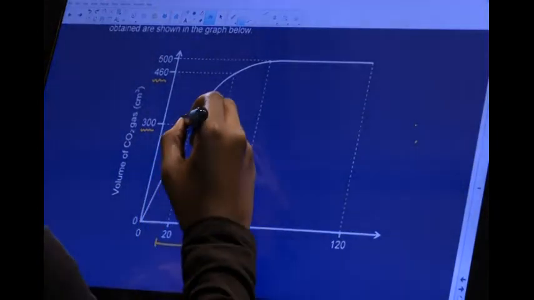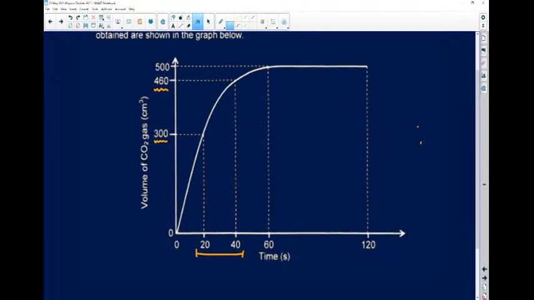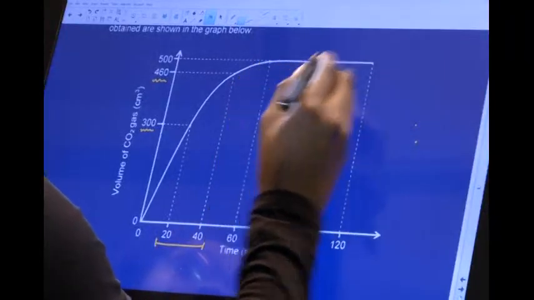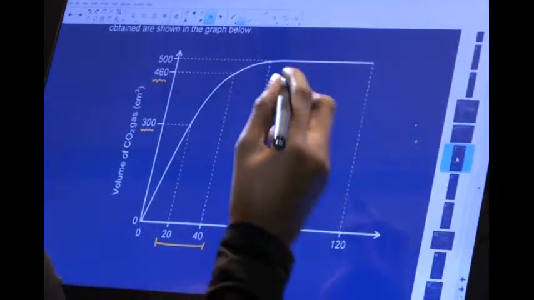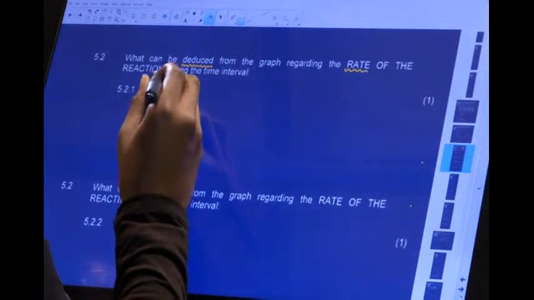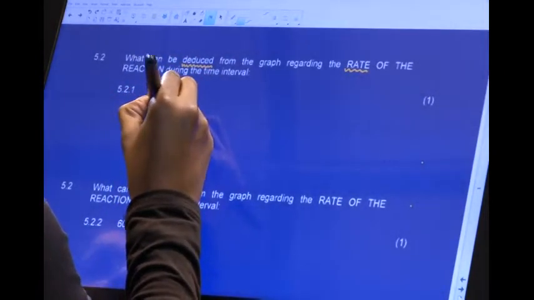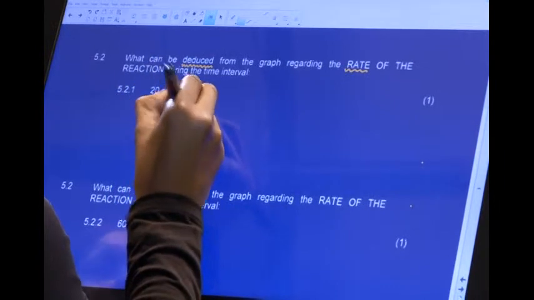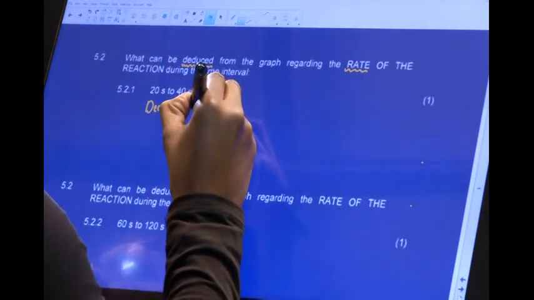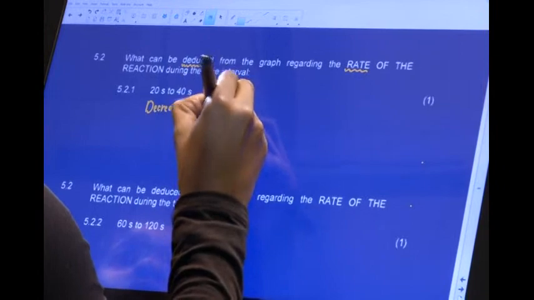I can see that there's a decreasing gradient, which indicates that the rate of the reaction is decreasing. Remember, when the line is straight, it's almost reached completion. So between 20 and 40 seconds, we have a decreasing gradient. Remember, the steeper it is, the faster the reaction rate.